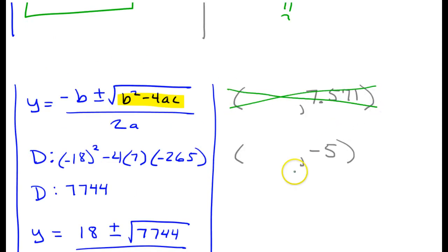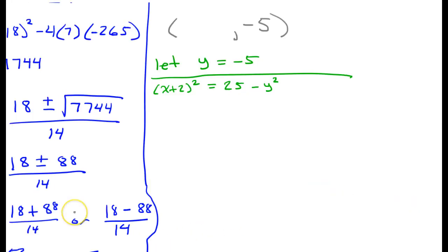So that's gone. So let's see what happens if we let y equal -5. We're still using that same equation, x plus 2 squared equals 25 minus y squared. But this time y will be -5. So that's x plus 2 squared is equal to 25 minus -5 squared.